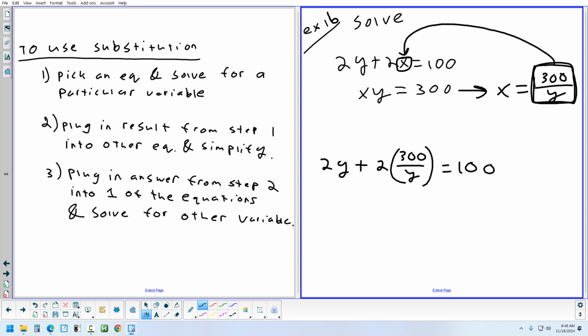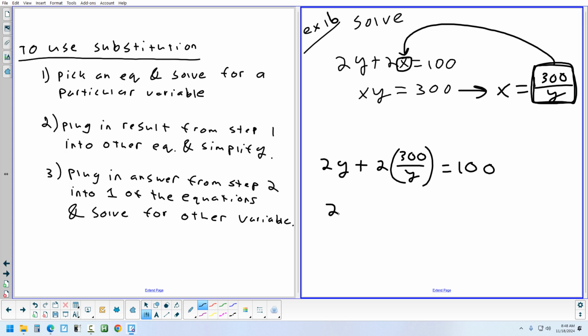Now look at that equation for a second. How many different letters are in the equation now? One. Just one. That's the whole goal of substitution. It takes a problem that had 2 different letters and turns it into just having 1 letter. It's used twice, but it's still just one different letter.